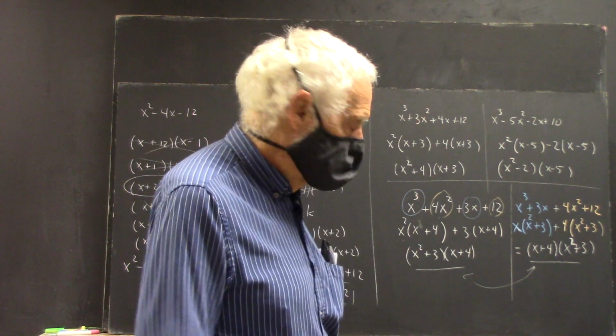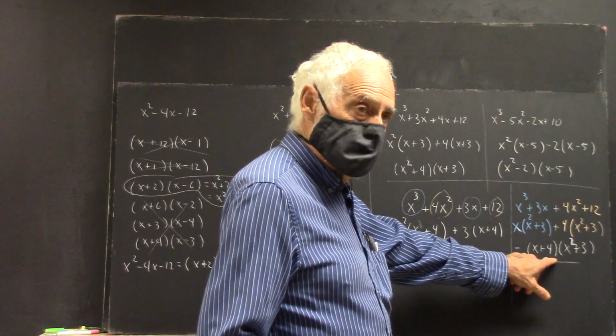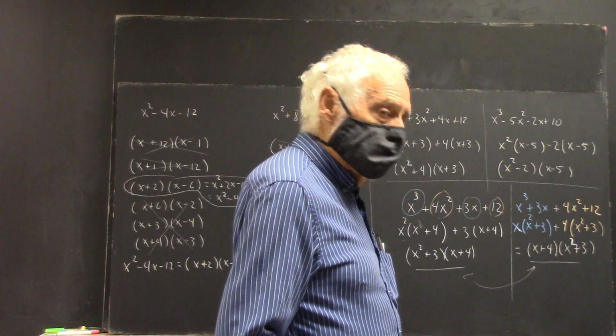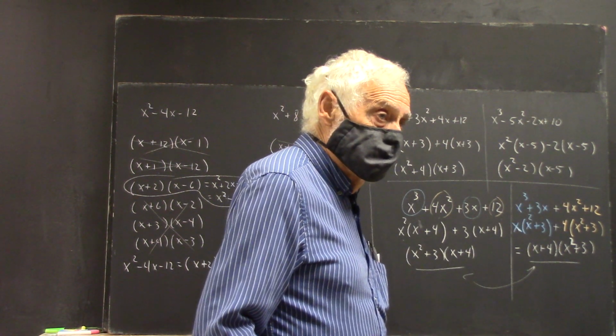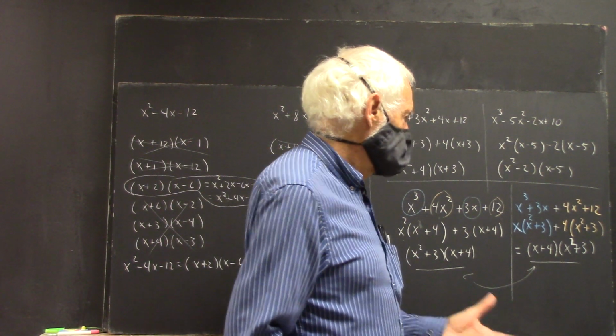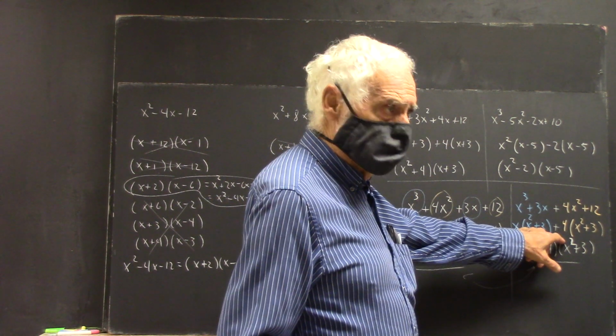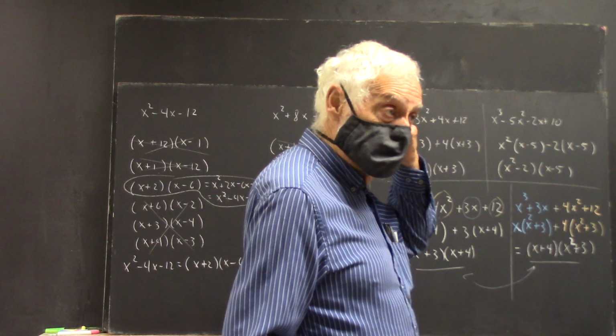Order of the multiplication doesn't make any difference. So I've got the same two factors, but two different ways I could do it. Now, you could stop and think about, well, if it works one way, does it have to work the other? Here it works both ways.